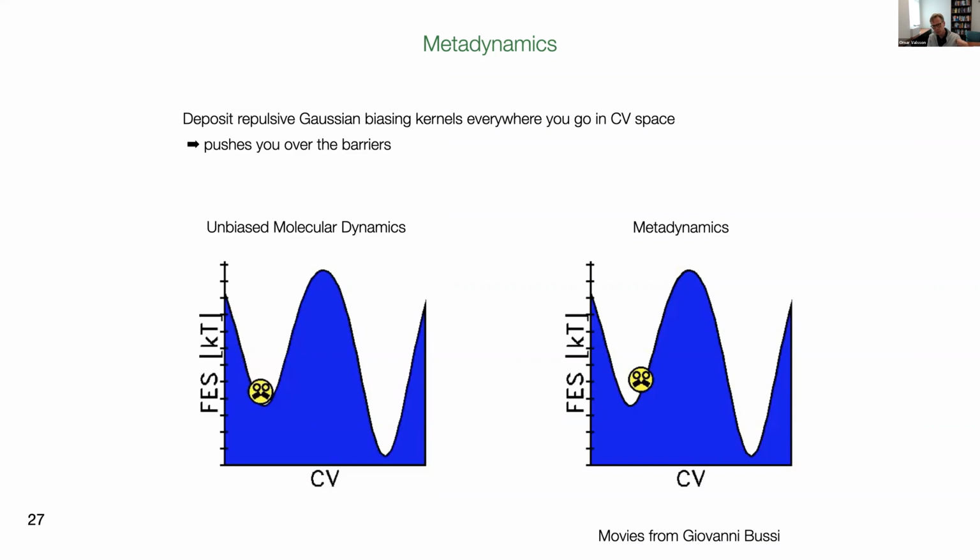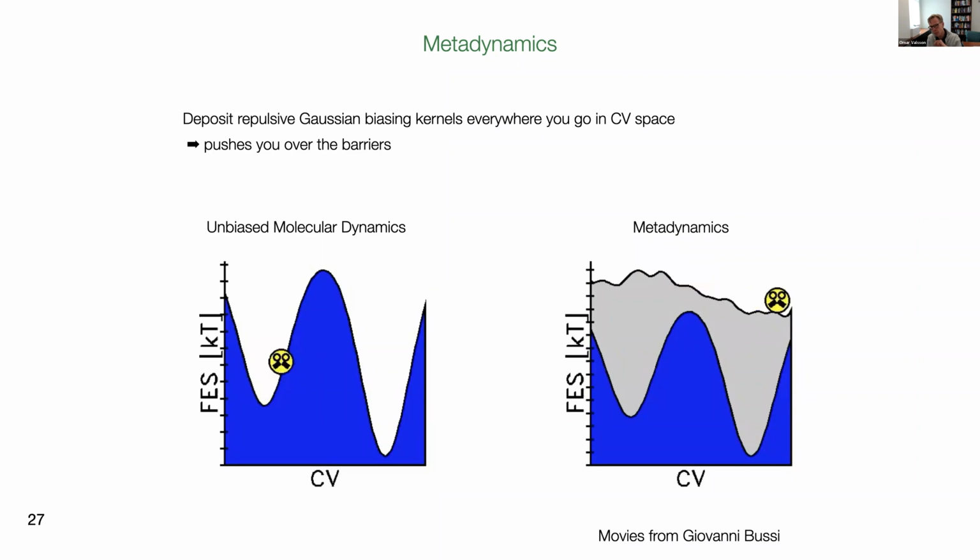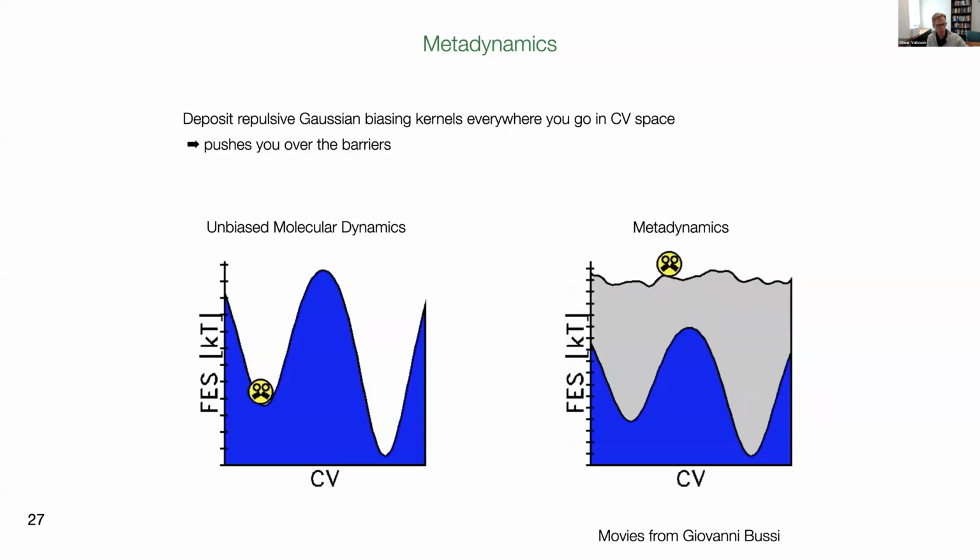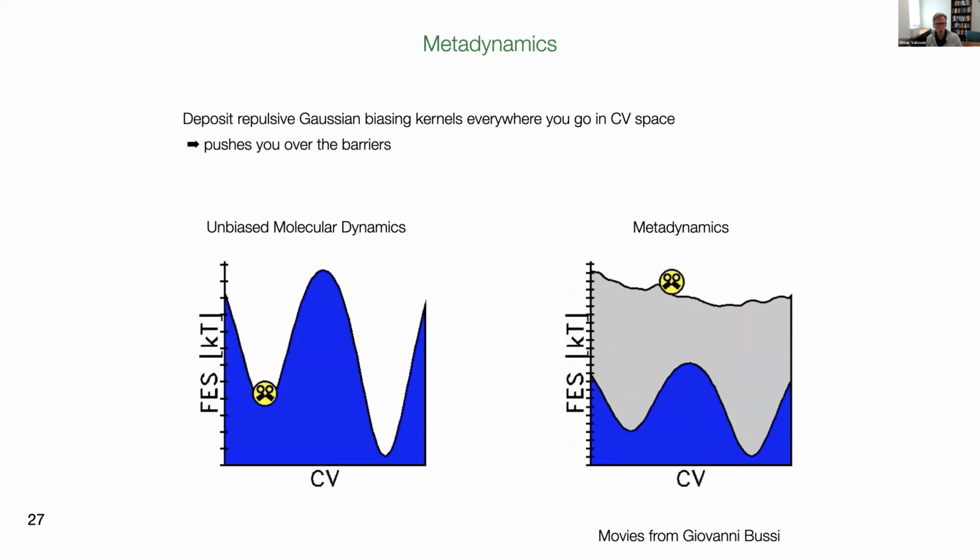So in meta-dynamics, we start to deposit these Gaussians in the collective variable space so that we can more easily overcome the barrier. And when you deposit enough bias, you start to go to the other metastable state, and you start to see frequent transitions between the two metastable states. So the idea is you deposit these Gaussians, and this pushes you over the barriers.